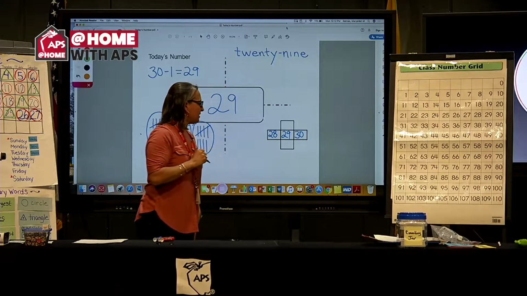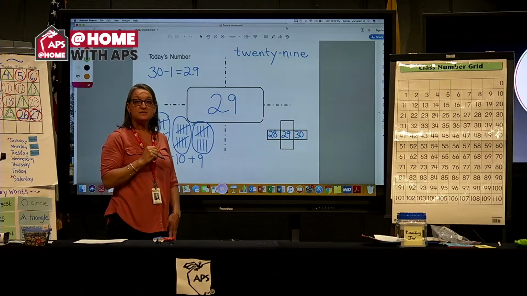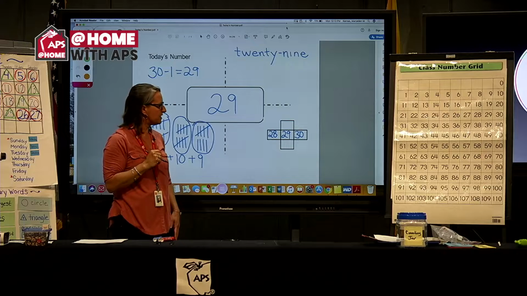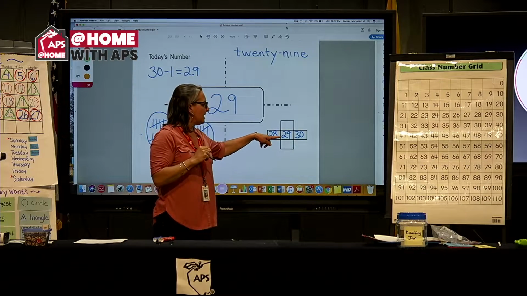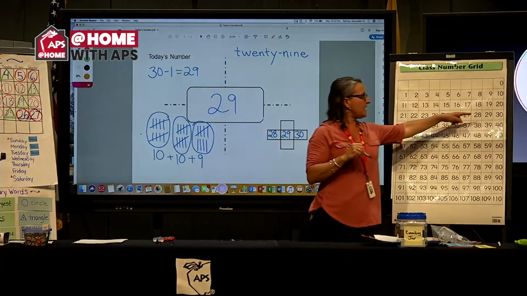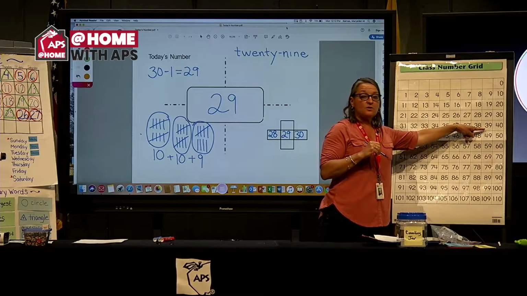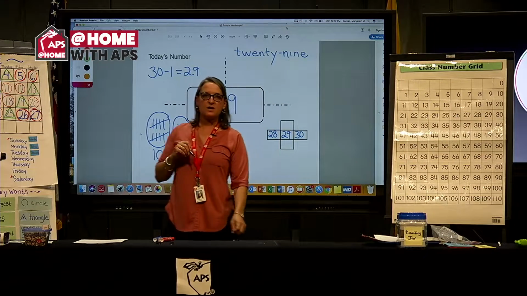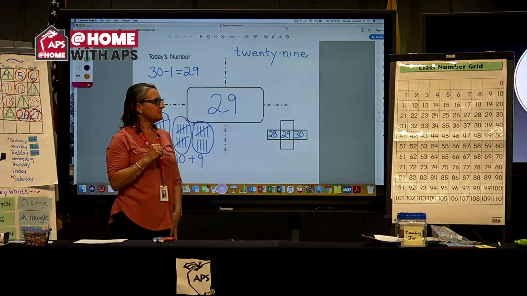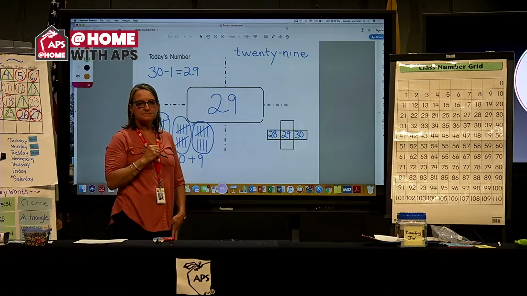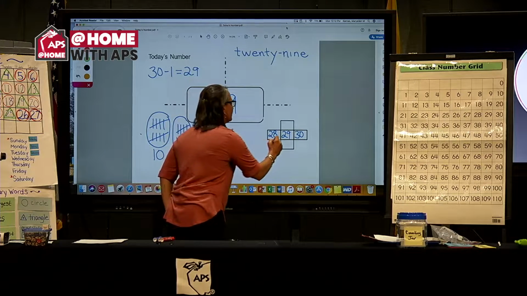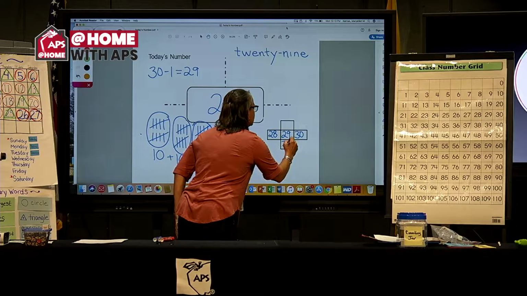And then we can think about our special jumps of 10, right? Our special rule for the hundreds chart. So if I jump from 29 down to the very same spot on the next row, I've made a jump of 10. So what is 10 more than 29? Did you see it on the chart? It was 39.